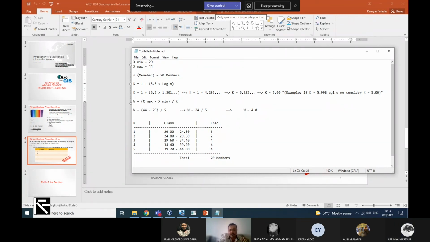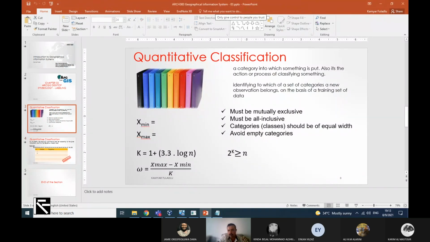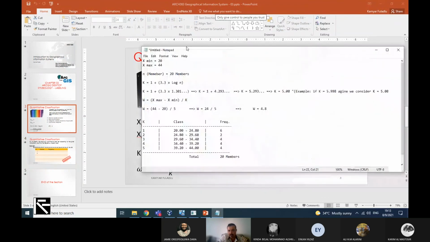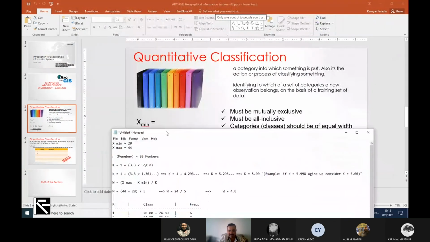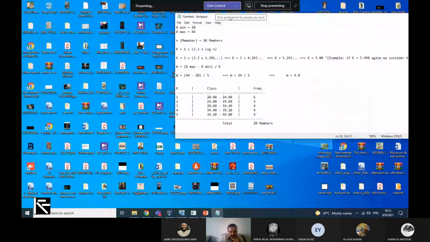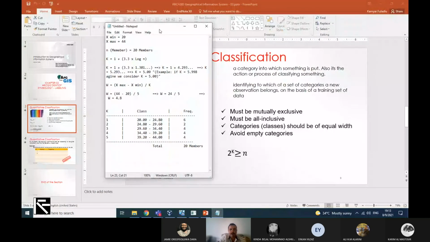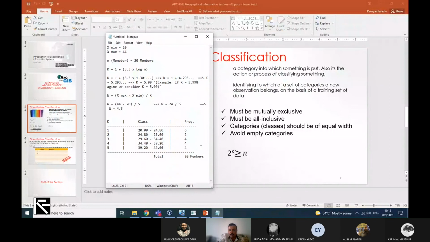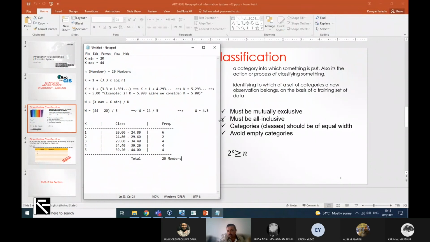Now, let's come back to our rules. I said we have 4 rules. You need to check these rules to see whether they work or not. Maybe I can put it like this. The first rule says it must be mutually exclusive.